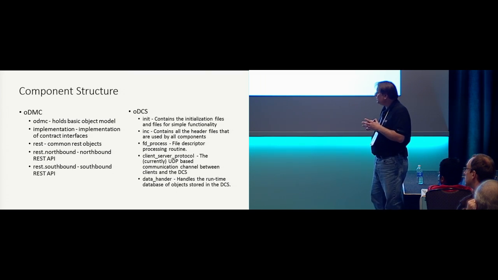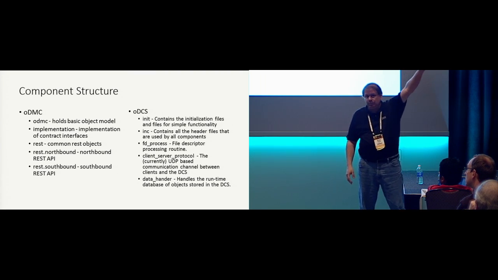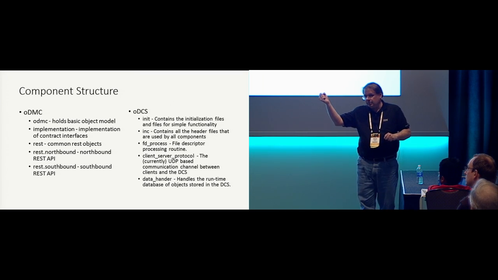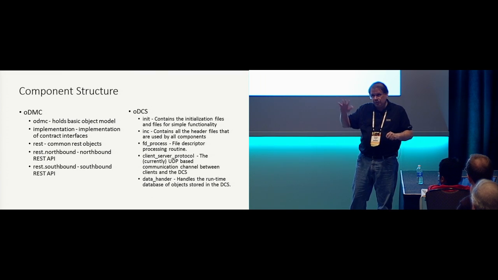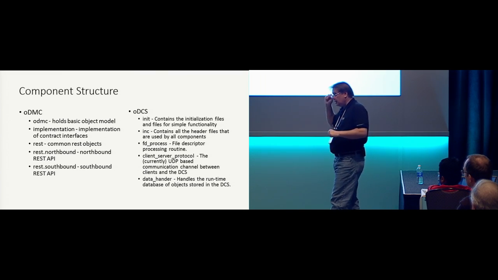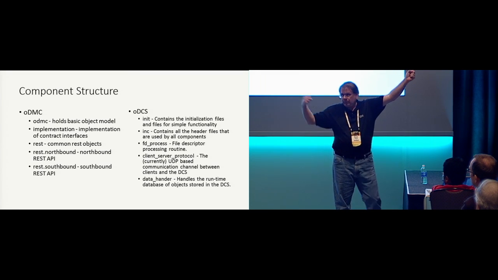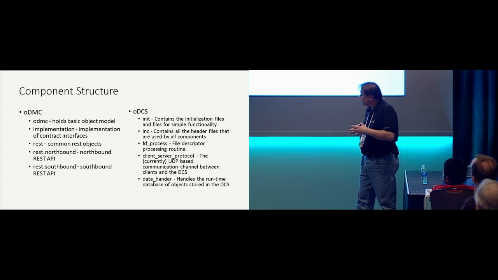We sort of followed the basic OpenDaylight structure where you have the basic data model in one bundle. You have an implementation of all your contracts in a second bundle. Because we handle REST requests and we don't talk to the SAL at all, we have a separate REST bundle which has our common contracts, and then northbound and southbound listeners are sitting in those 2 bundles.